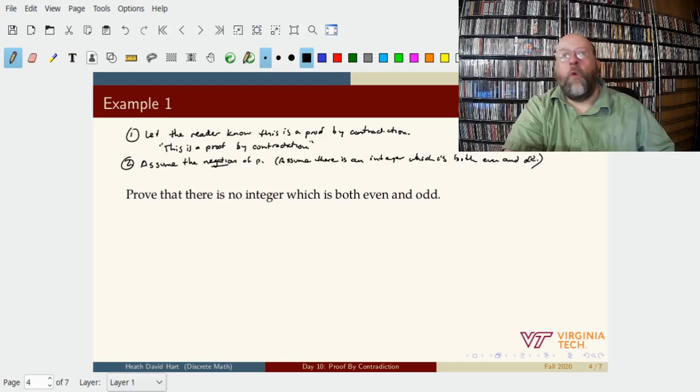If you want to combine steps 1 and 2, one way we can do this is to write: assume, in order to reach a contradiction, that there is an integer. In other words, we're letting the reader know that the reason we're assuming this is to reach a contradiction.